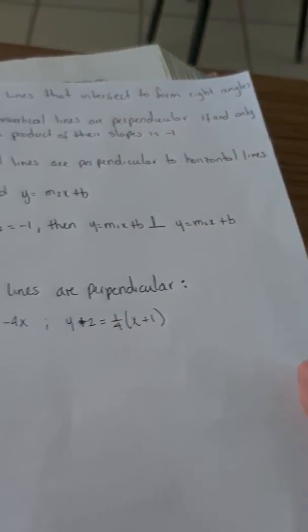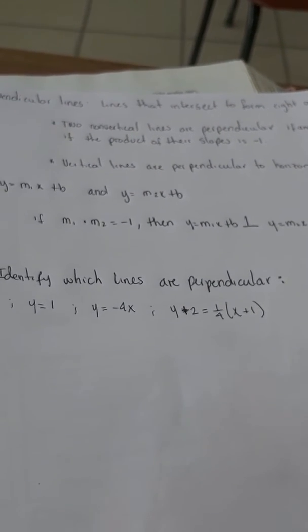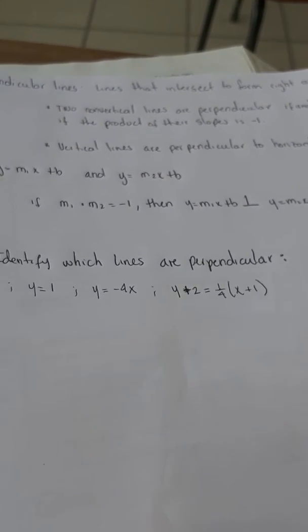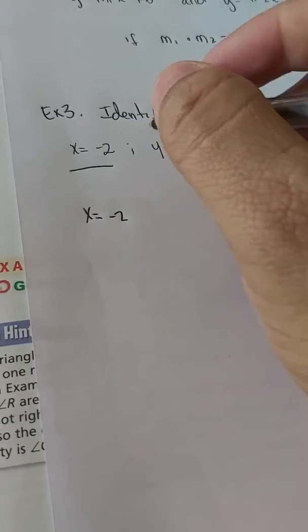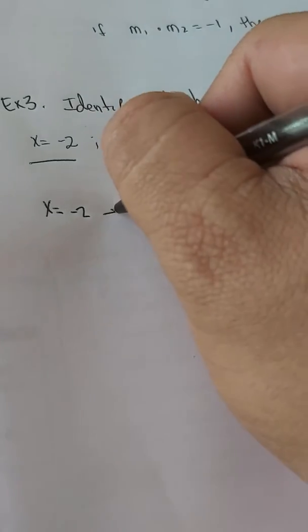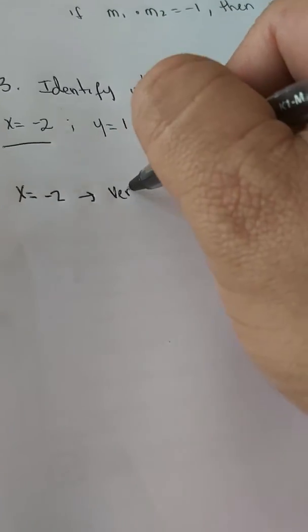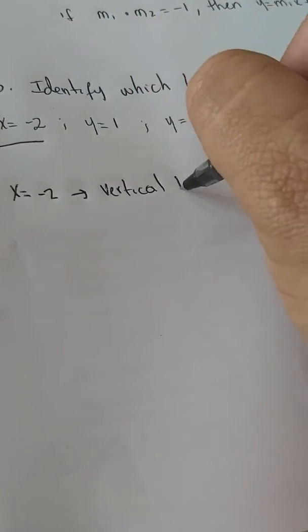Now, by definition, vertical lines are perpendicular to horizontal lines. So if you notice, x equals -2 is a vertical line.